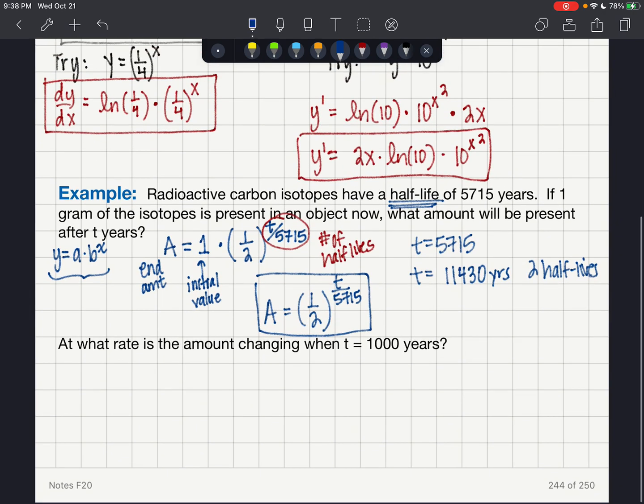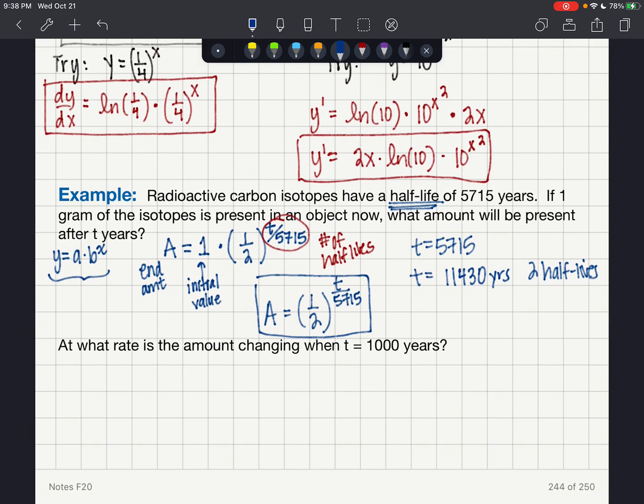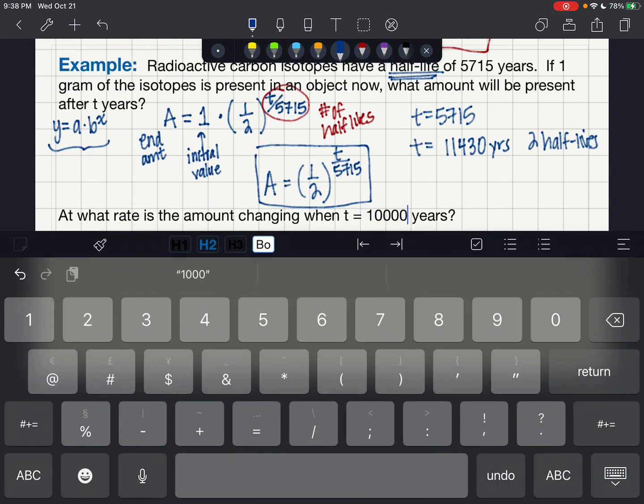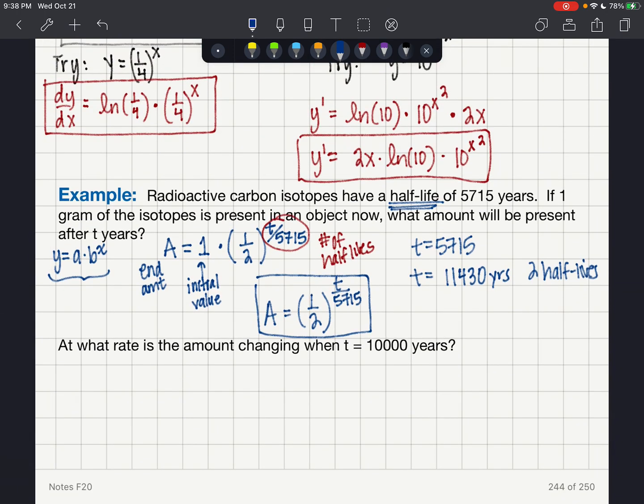Now, at what rate is the amount changing when t equals 1,000? Actually, we're going to make it t equals 10,000 years, because that's what I have the answer for. So make sure you have t equals 10,000 years. At what rate is the amount changing?